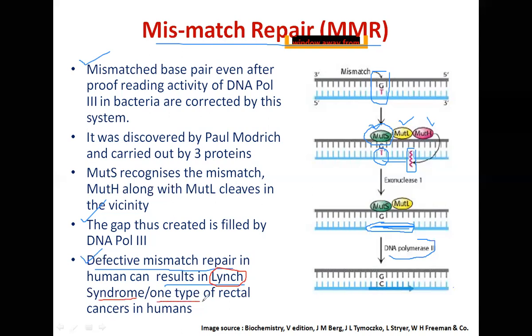This is nothing but one type of rectal cancer. So the person is likely to suffer from one type of rectal cancer if the mismatch repair mechanism is found to be defective.